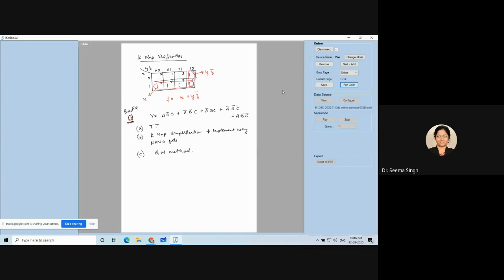If you feel that you want to show me the answer of QM method, you can directly start with QM method. Others, if they want to show me truth table, let them do that, and others can do K-map. Anyone, whichever you feel confident, you do that and show it to me in today's class time now itself. Okay, so this is the question. All of you need to solve and show it to me.